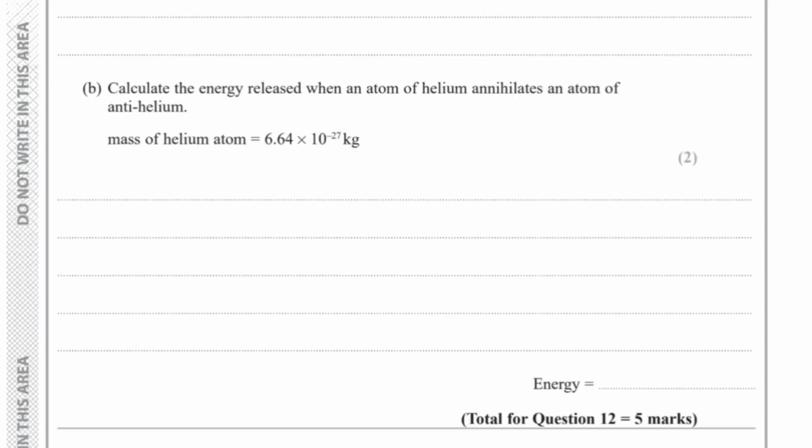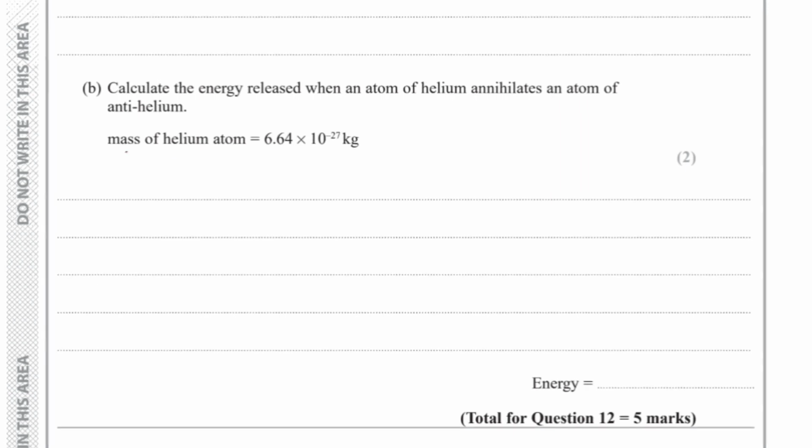Number B. Calculate the energy released when an atom of helium annihilates an atom of antihelium. Mass of helium atom is this. We're gonna use our great scientist Einstein's formula, E equals mc squared. We need to find the energy.